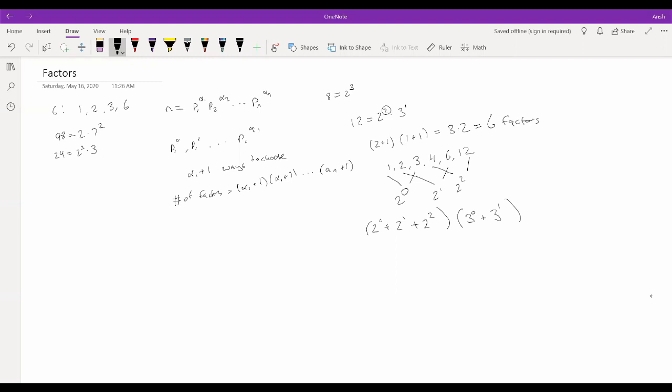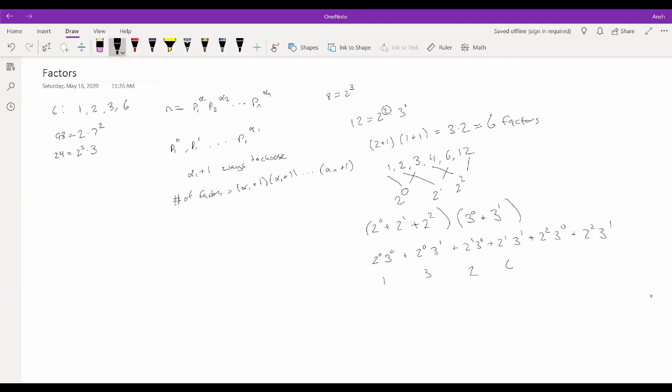And the largest power of 2 we go to is 2 squared, and the largest power of 3 we go to is 3 to the first power. And we can see that when we multiply this out, we get every possible combination. So we have 2 to the 0 times 3 to the 0, 2 to the 0 times 3 to the 1, 2 to the 1 times 3 to the 0, 2 to the 1 times 3 to the 1, etc. And these will give us all the factors of 12.